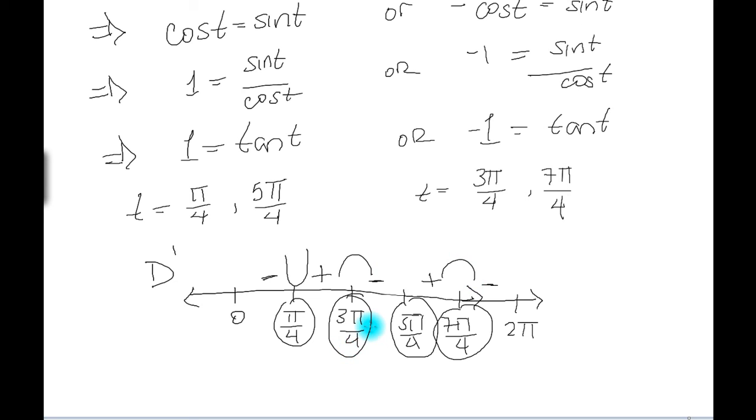Now, since there's no interval in this relationship, it's going to be 3 pi over 4 plus every revolution.